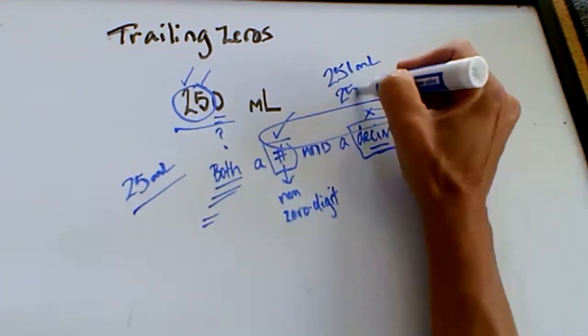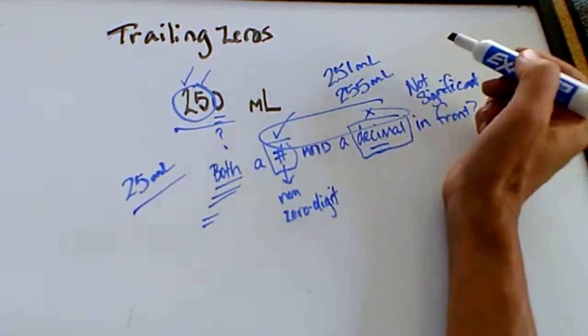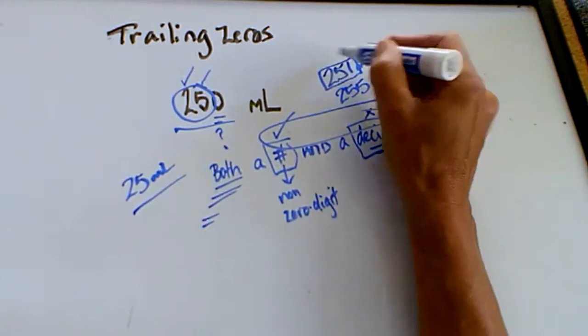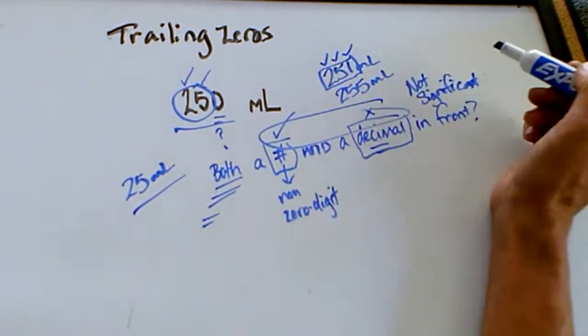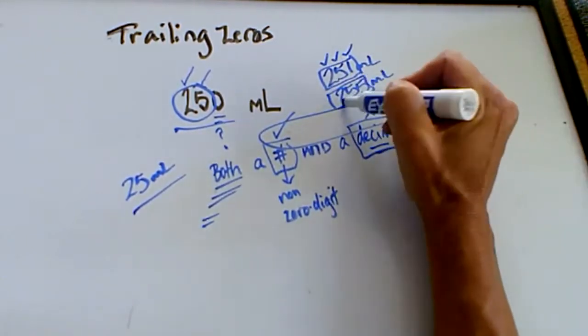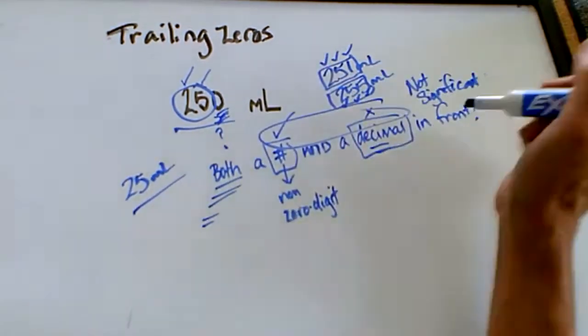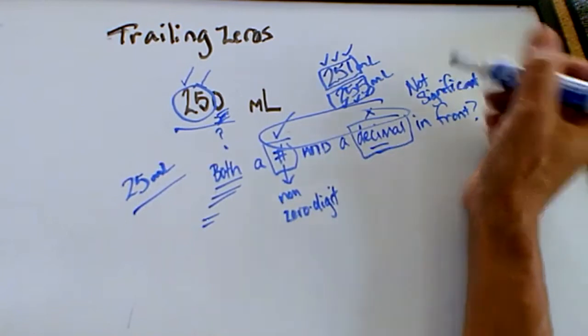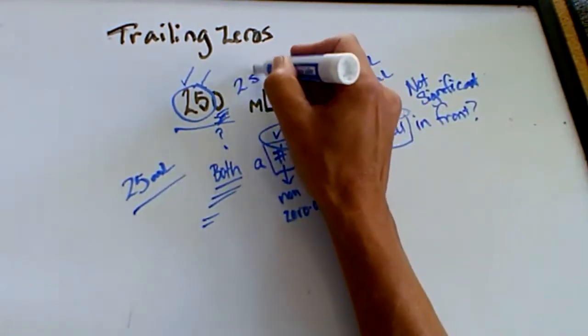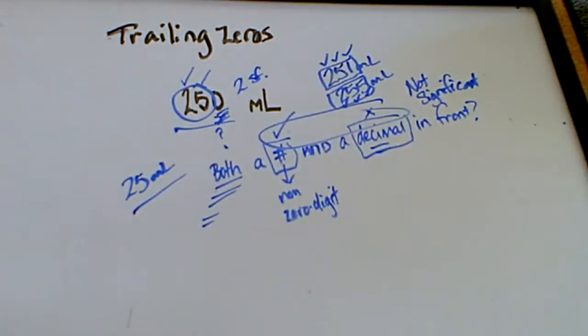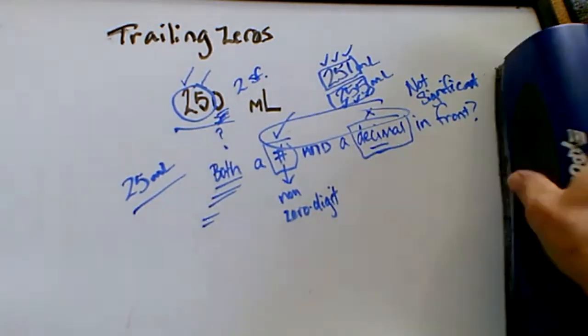It's not 255 milliliters. That would have 3 sig figs, since they're all non-zeros. This one doesn't know what this place is. It's about 250 milliliters. So this value only has 2 sig figs, okay? Let's look at that again. Let us look at another one.